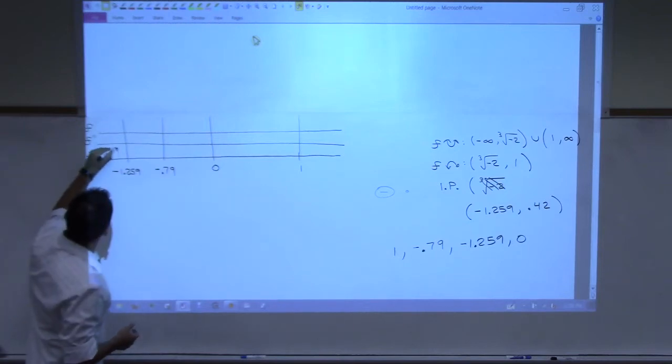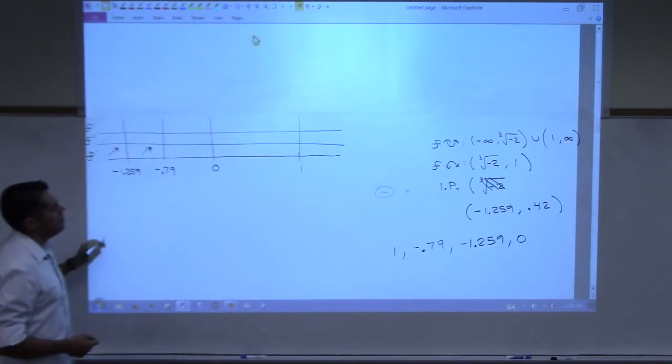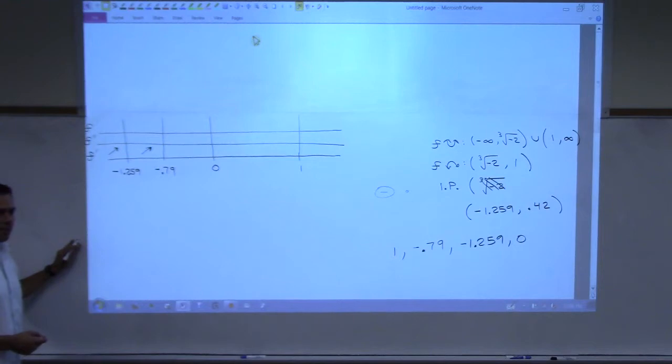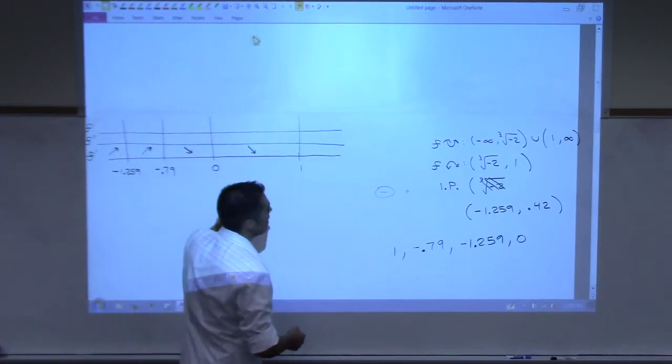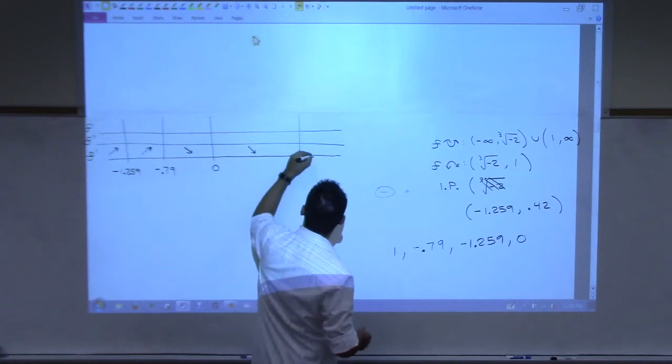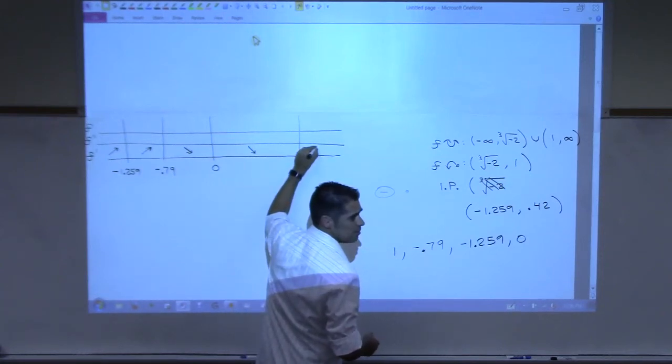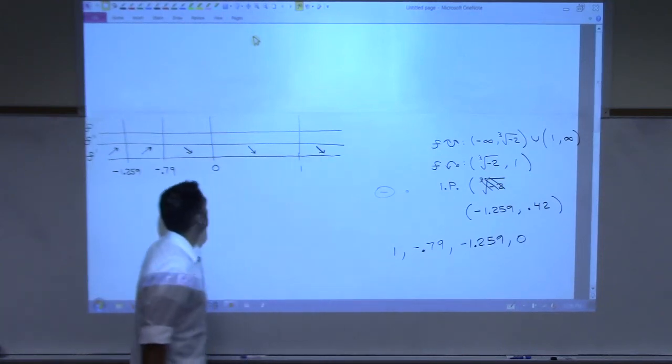So it would have been increasing here and here. And then it went down from that all the way to cube root of negative 1/2, all the way down to 1. And then up again after 1? No, mine was down still. Down again like that. Does everyone agree?